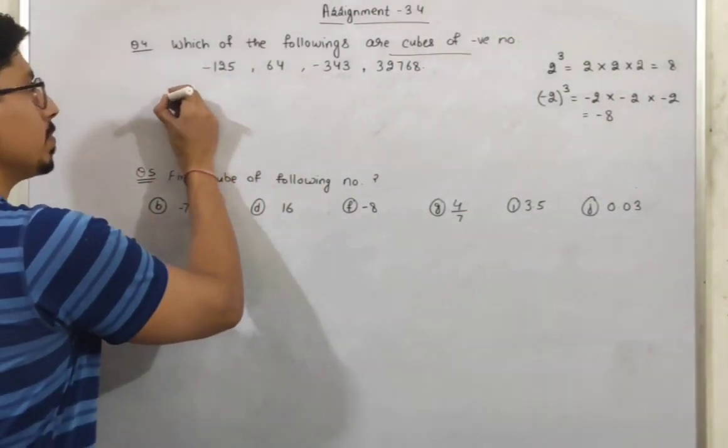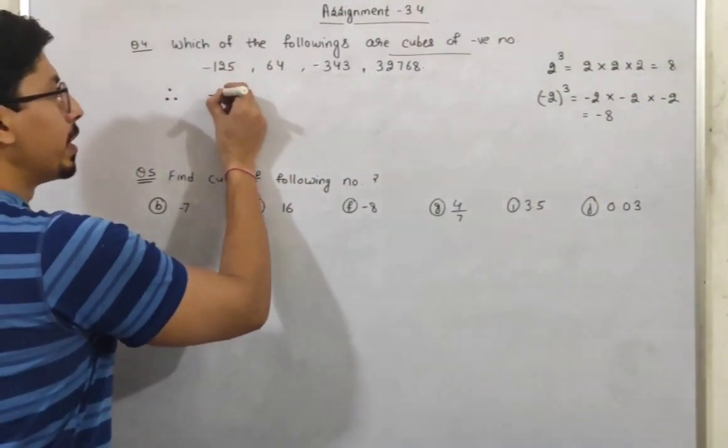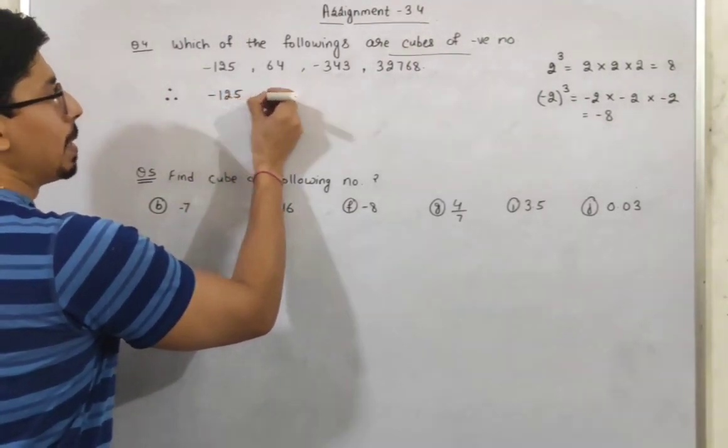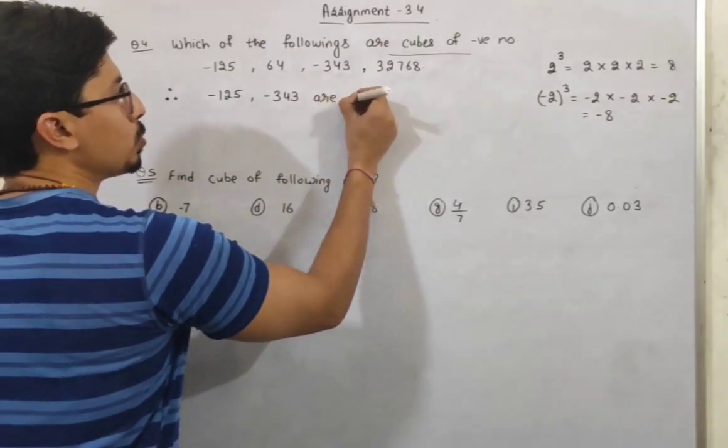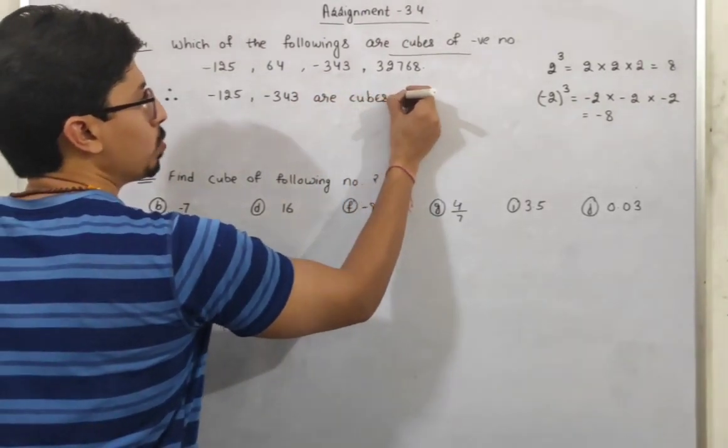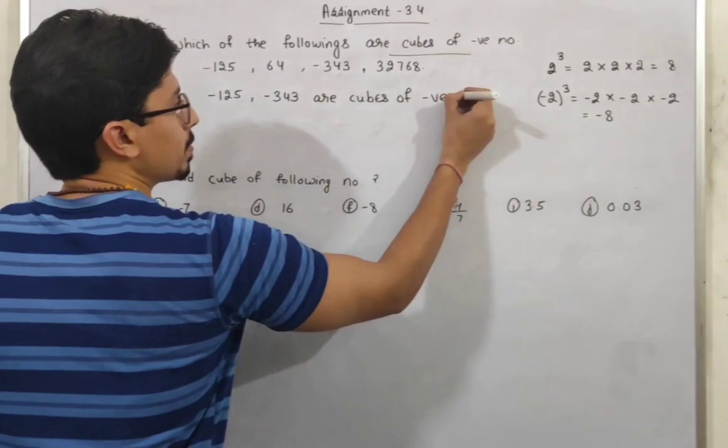Therefore, minus 125 and minus 343 are cubes of negative number.